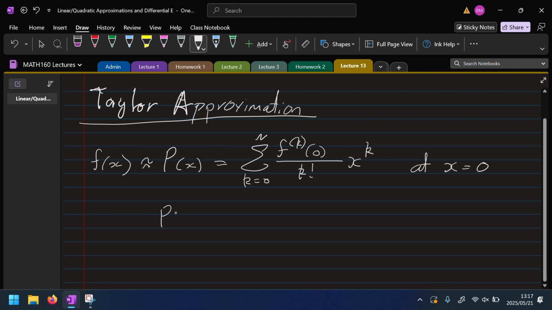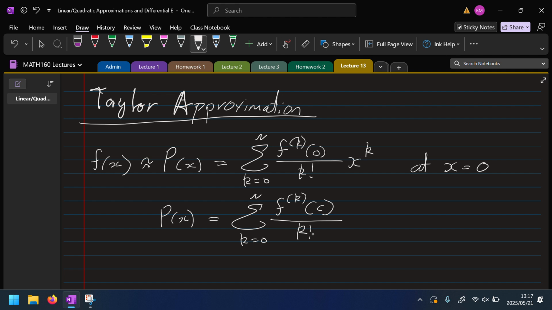So here we can have the polynomial P as the sum from k equals 0 to n of the kth derivative at c, because we're moving everything over to this new point x equals c, over k factorial, and then x minus c to the k.